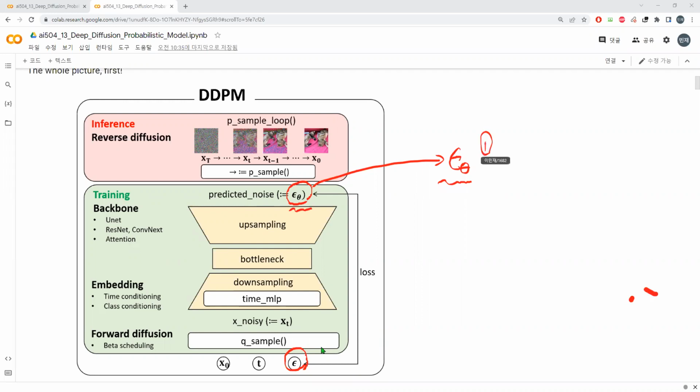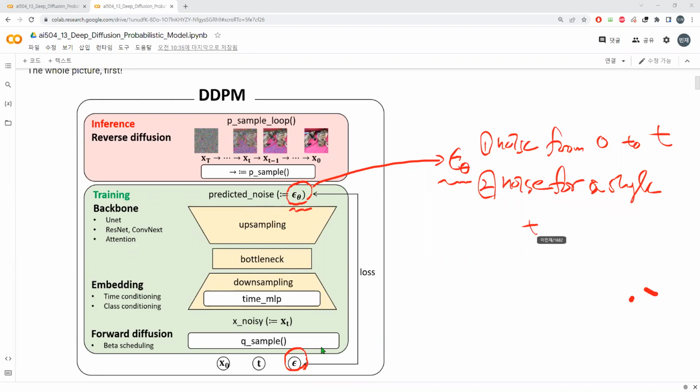First, this is the noise from 0 to t. Second, the noise for a single time step. Quiz.